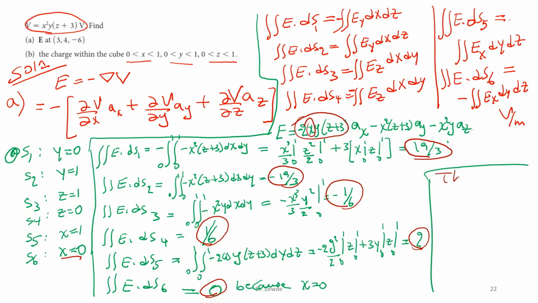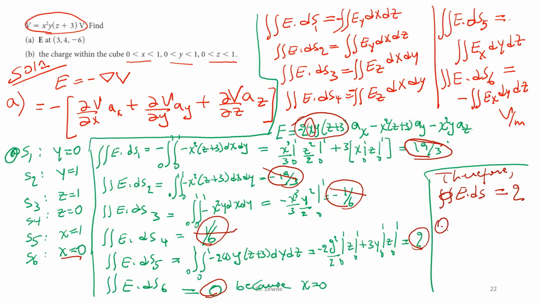So the surface integral of the electric field vector E with respect to S will be the sum of these 6 components. Now we know this cancels out this one, this cancels out this one. So if we add the 6 components, what we'll have is only 2.